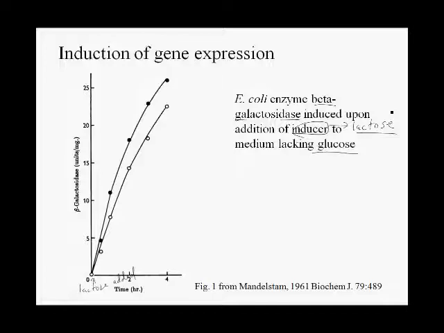So the questions are, how is it that the cell does not make beta-galactosidase when either glucose is around or lactose is absent? And under these conditions, how does the cell actually turn on expression of beta-galactosidase?